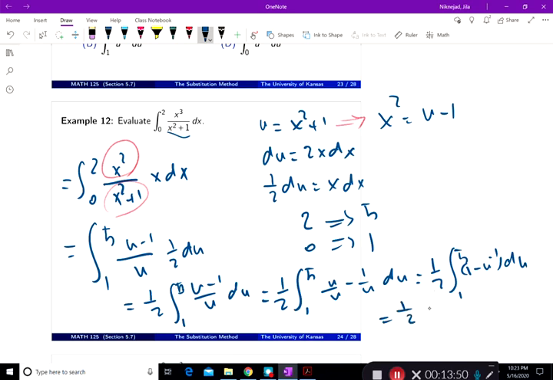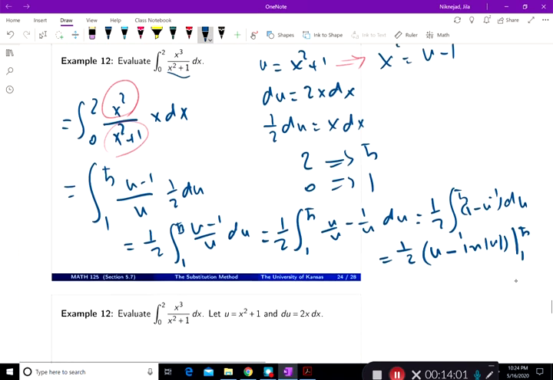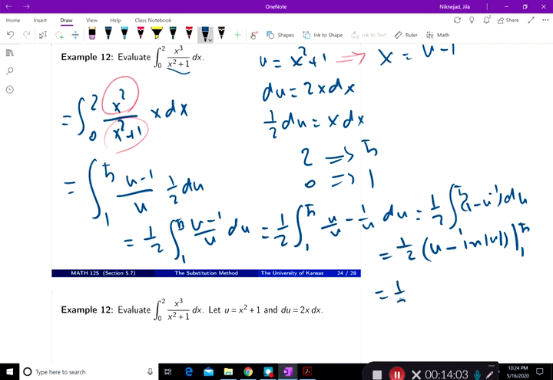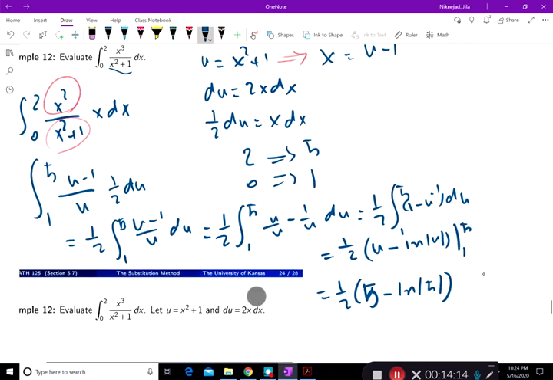1/2 of u minus natural log of u, from 1 to 5. Plugging in 5, I get 5 minus natural log of 5, then minus 1/2, 1 minus natural log of 1, which is 0.